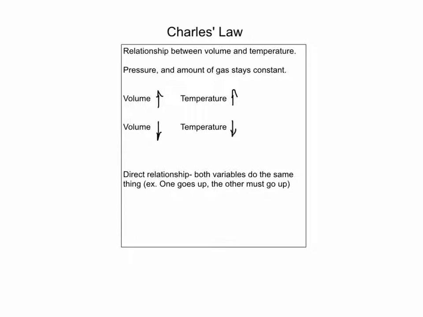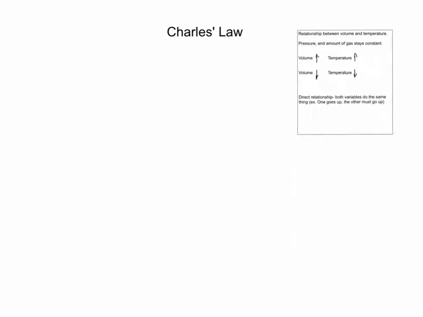So we can ask the question, if I have a gas and I change its temperature or volume, what happens to its temperature and volume under the new conditions? The equation for Charles' law is V1 over T1 equals V2 over T2.